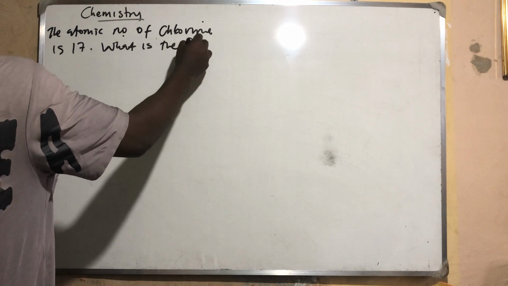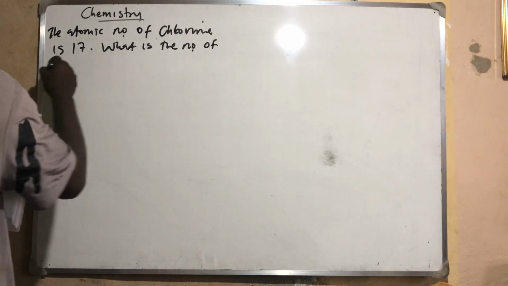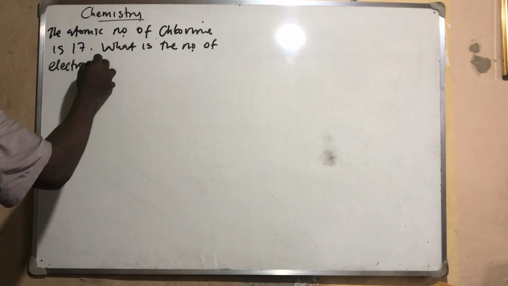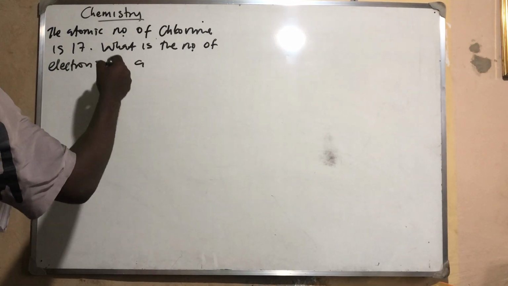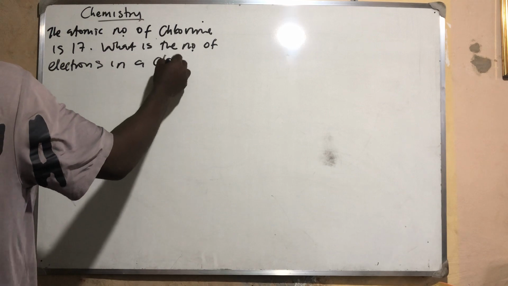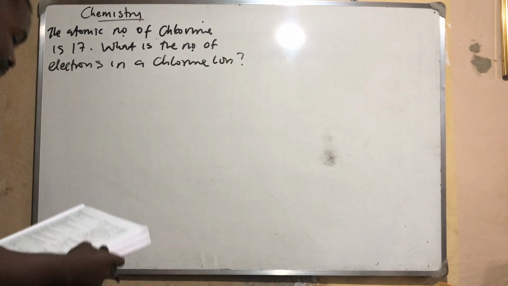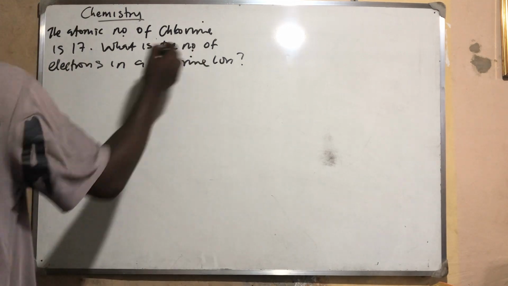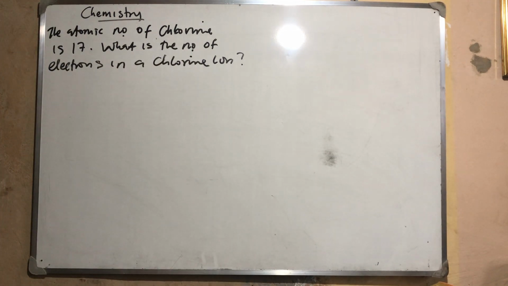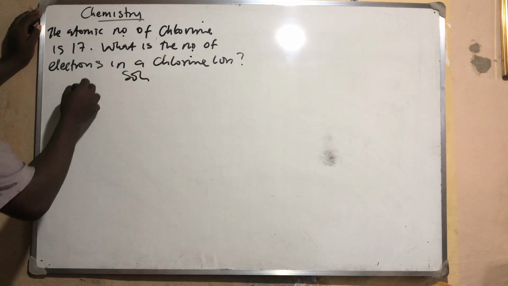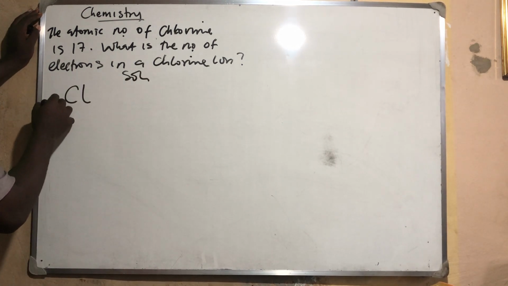Now say, what is the number of electrons in a chlorine ion? Okay, very simple question. They said the atomic number of chlorine. So solution, we know that chlorine, Cl, has 17 electrons.